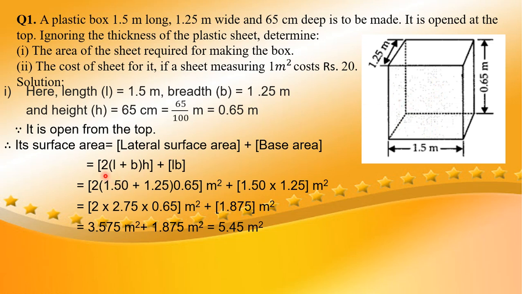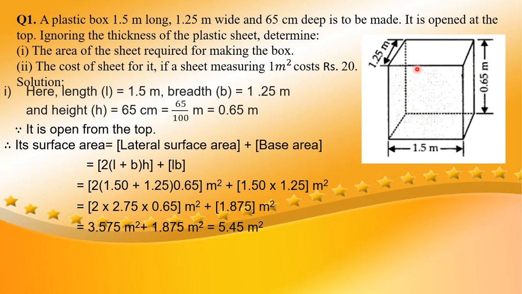The formula for lateral surface area, we know, is 2 times (L plus B) into H. As in earlier classes, we have done how to calculate the lateral surface area: the front, back, left and right side, four faces.